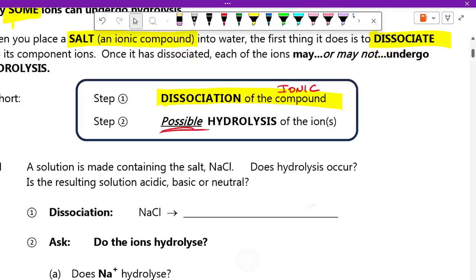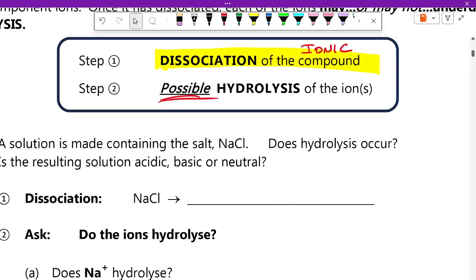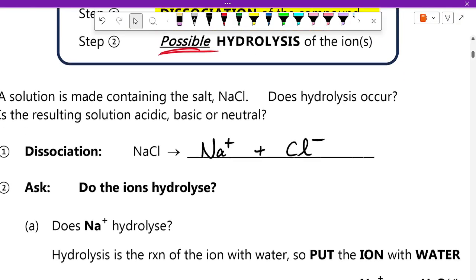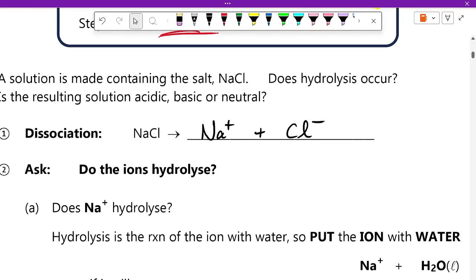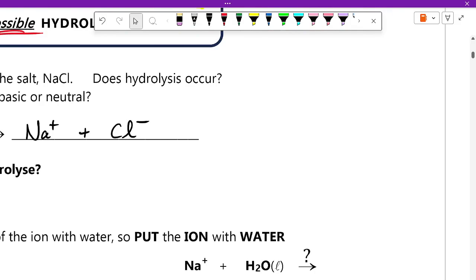So, NaCl. First thing we have to do is say, what does NaCl dissociate into? It dissociates into Na plus and Cl minus. Do the ions hydrolyze? So we're going to start with our sodium. If we put sodium with water, nothing happens. No reaction. Okay?